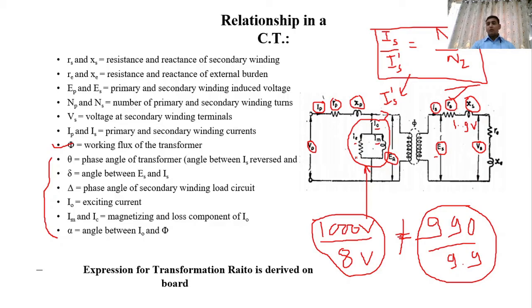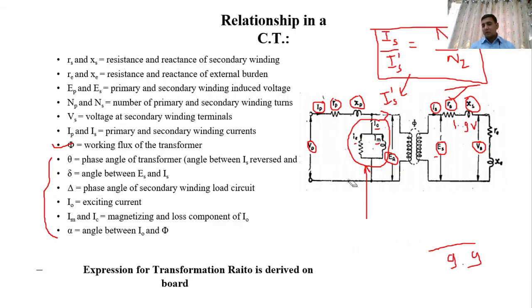Now we also have another type of loss, which is our core loss. We also call it iron loss. This iron loss we will discuss in our basic electrical course. It comprises our hysteresis loss and eddy current losses.